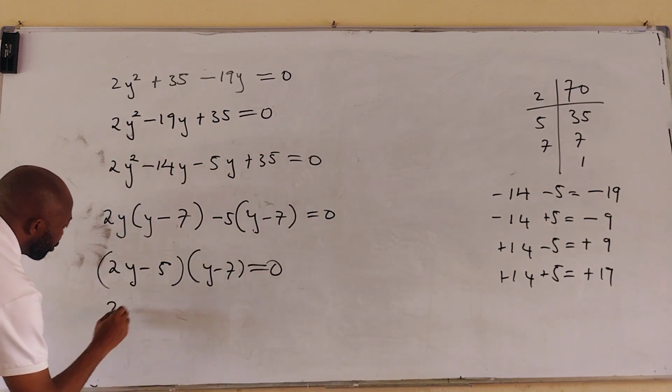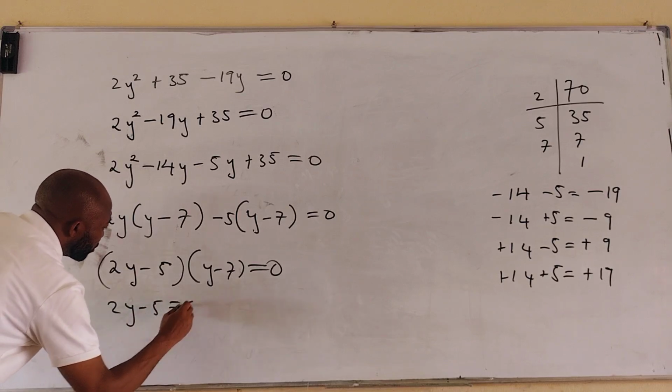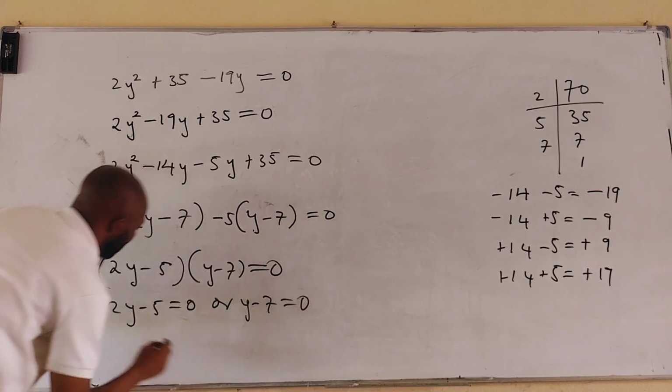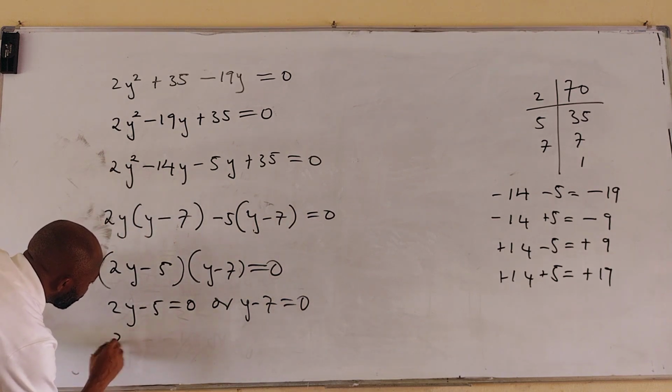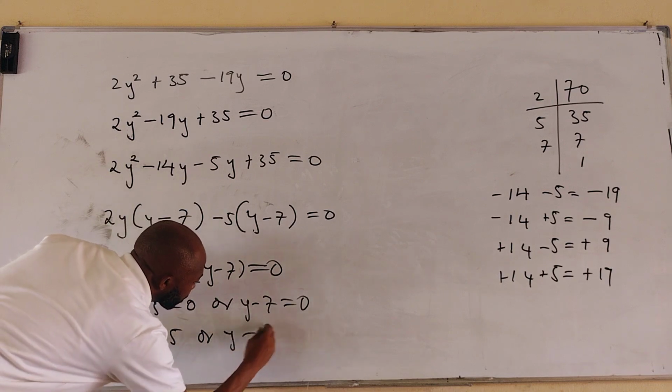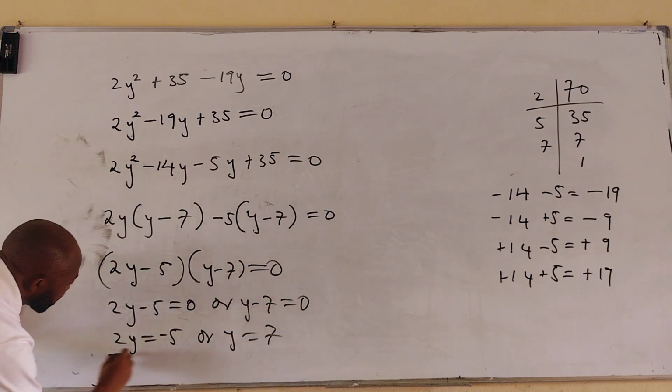So I have 2y minus 5 is equal to 0, or y minus 7 is equal to 0. So 2y is equal to minus 5, or y is equal to 7. That one is settled. Divide both sides by 2.